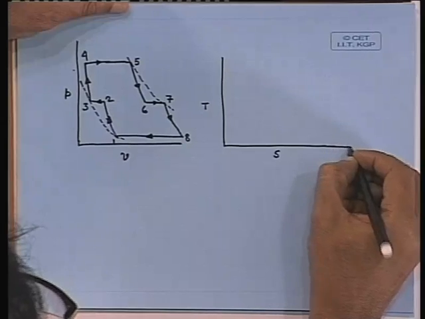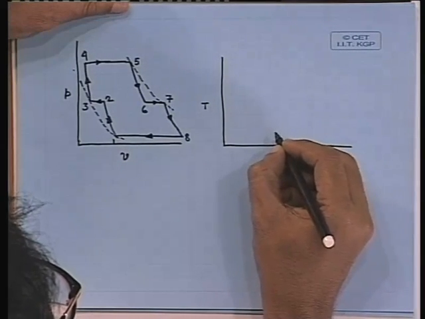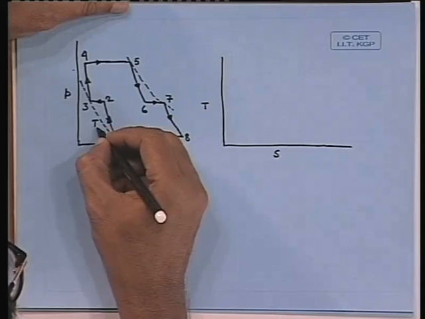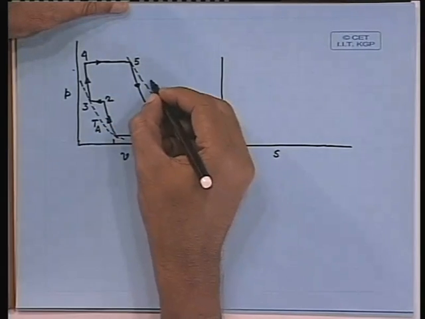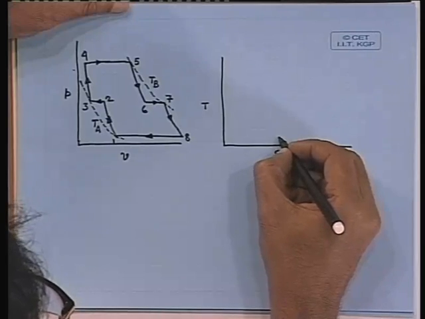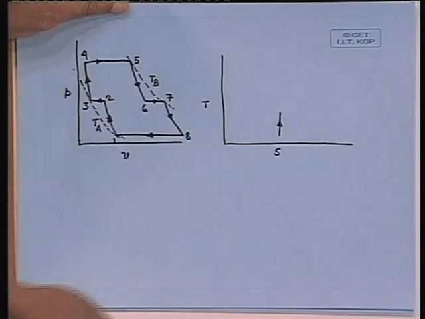Now, if we want to have this in our TS diagram, let us try to have it. So, let us say this is TA, one isotherm, this is TB, another isotherm. Two isotherms I have shown. Initially I have started with point 1. I have gone for isentropic compression. Then I have gone for cooling.